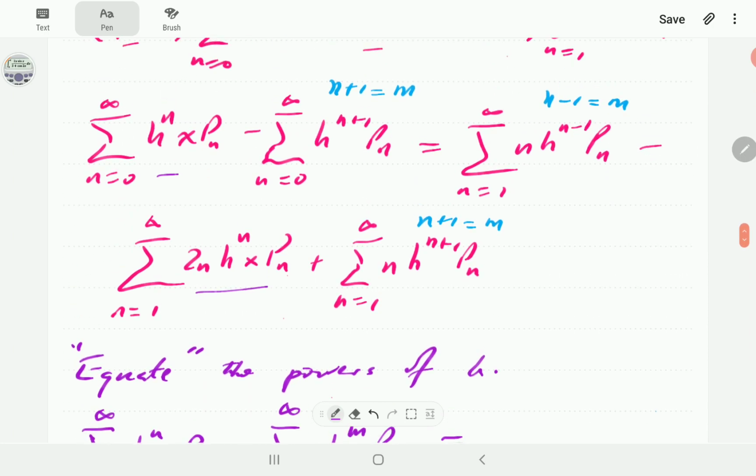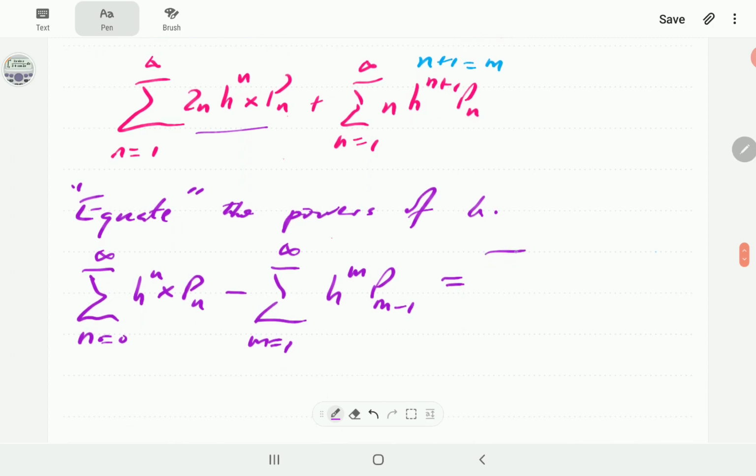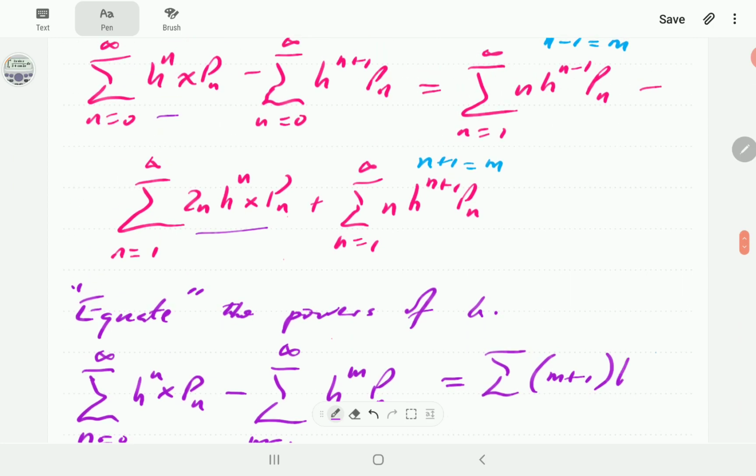Now let's go to the first term on the right hand side. So this time n minus 1 is m. So it's going to be m. From here, n is m plus 1. So we're going to have summation of m plus 1, h to the power m, p_{m+1}, because n is m plus 1.